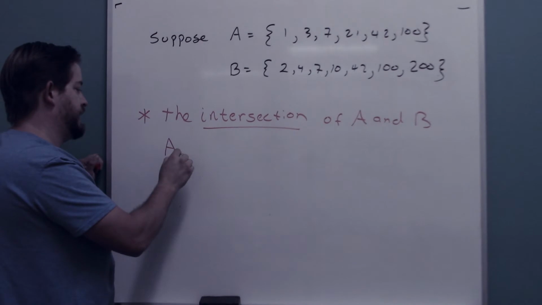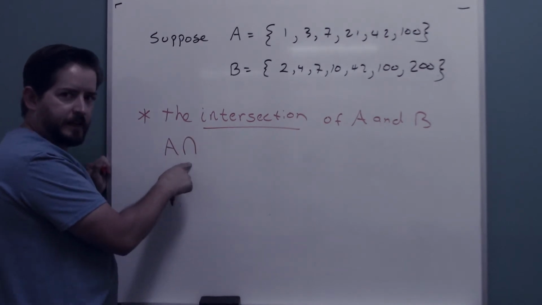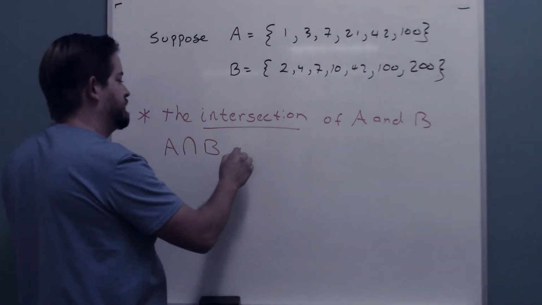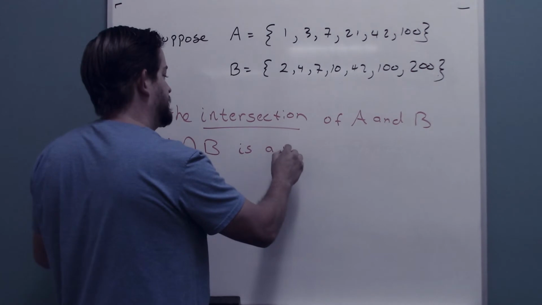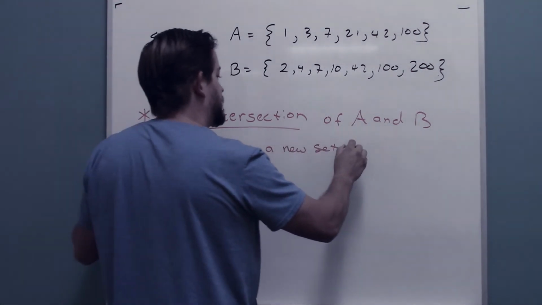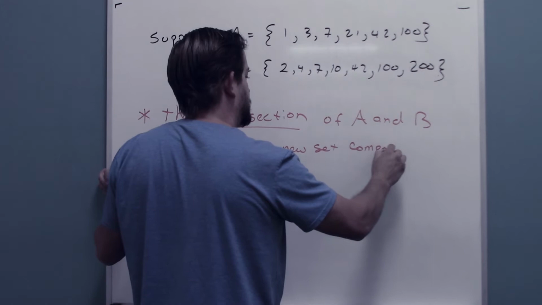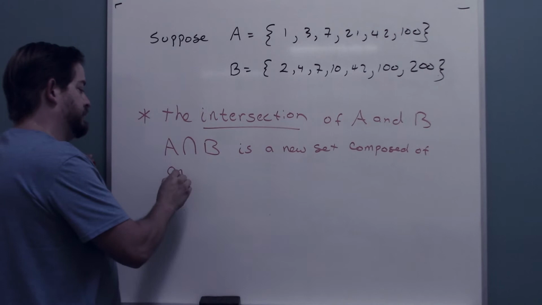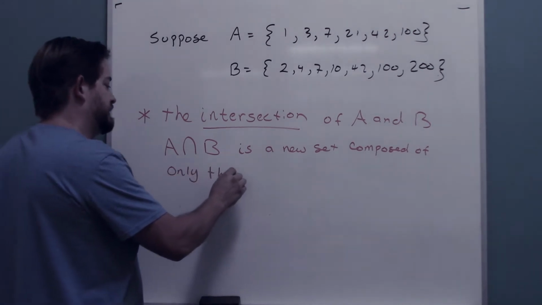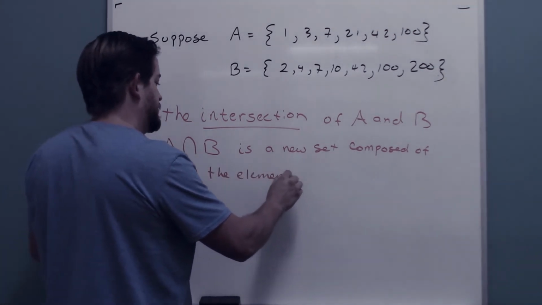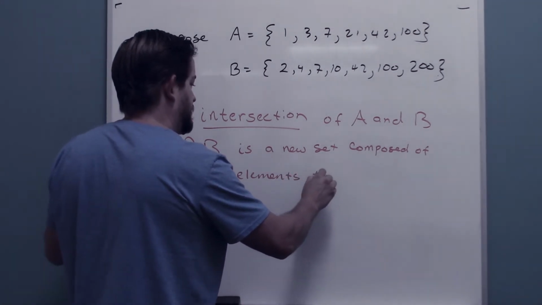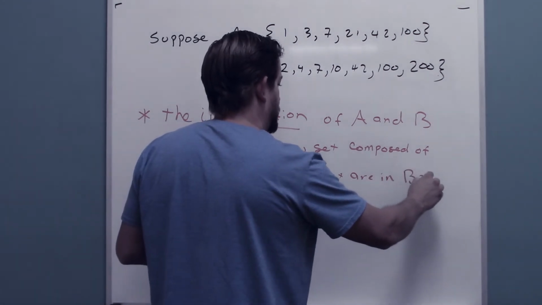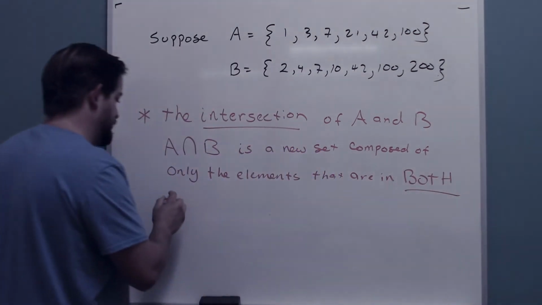So that is to say A, the U gets upside down, that indicates that it's an intersection instead of a union. A intersect B is also a new set composed of only the elements that are in both A and B.